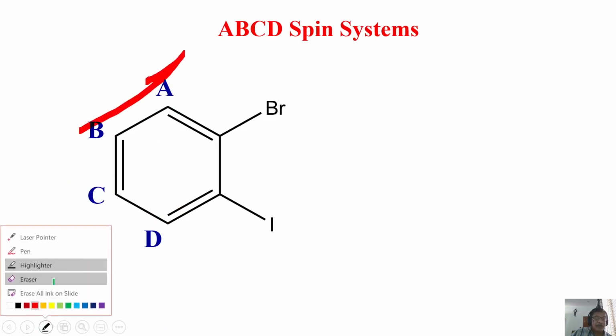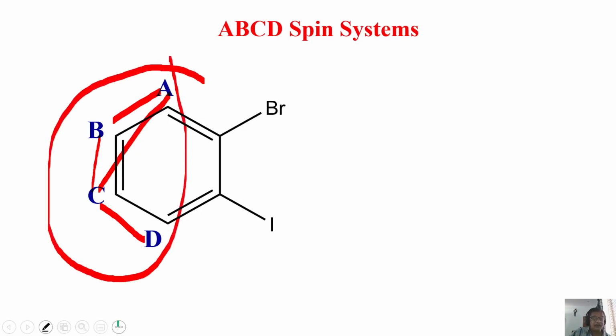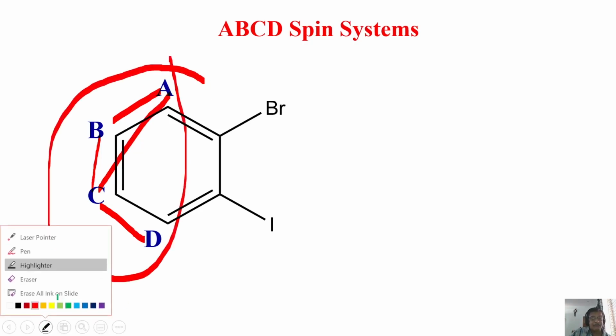For example, the coupling constant between this and this is 8 hertz, this and this is 8 hertz, and between this and this is 1.5 hertz. So if the chemical shift separation is comparable to the coupling constant, then I represent this as a strongly coupled ABCD spin system. Okay.